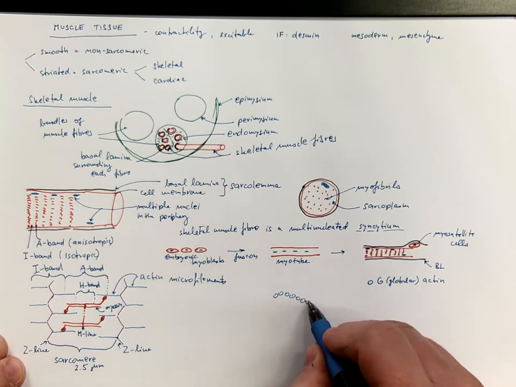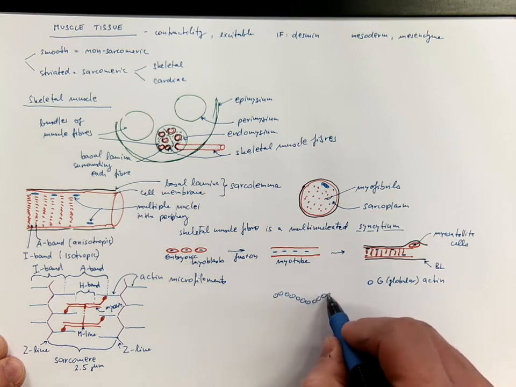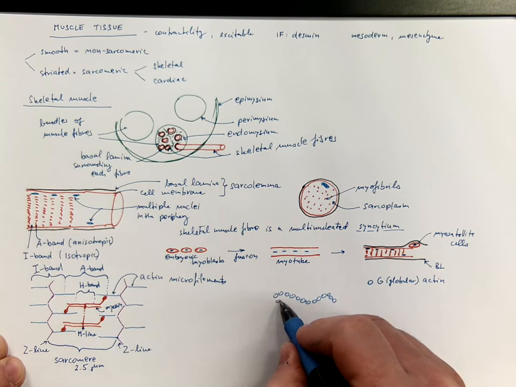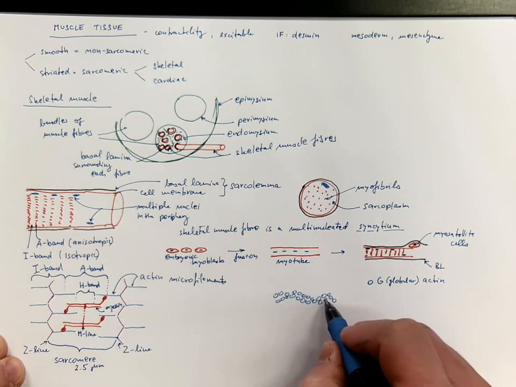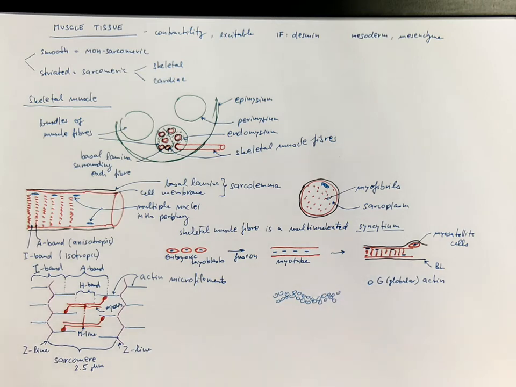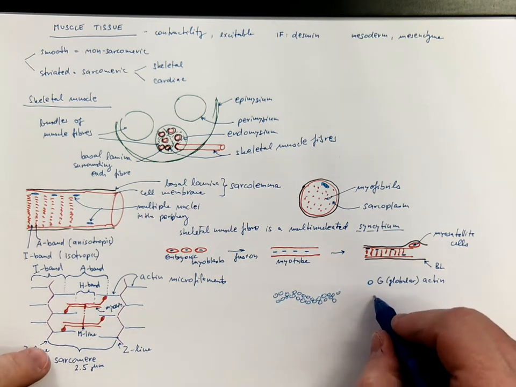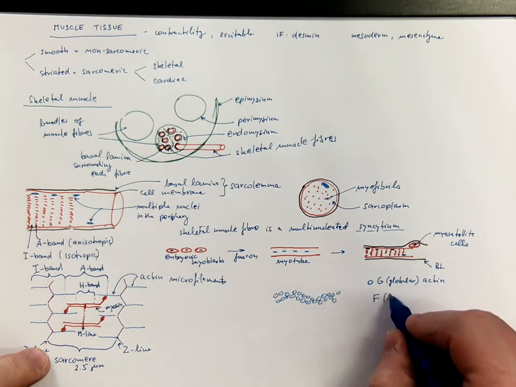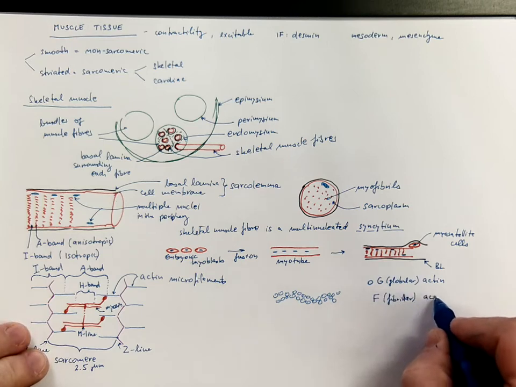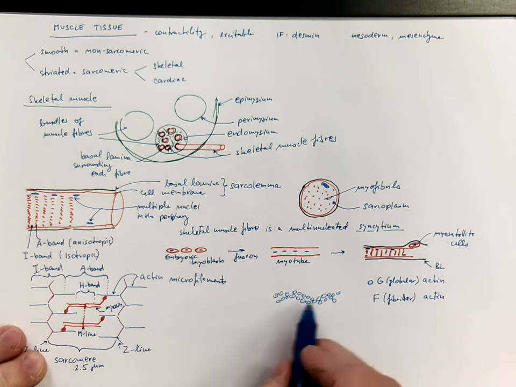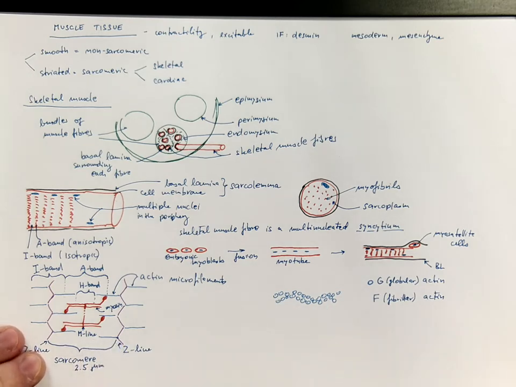So these are individual G-actin molecules polymerized into a double helix, which is called fibrillar, or F actin. So that's one of these microfilaments symbolized here.